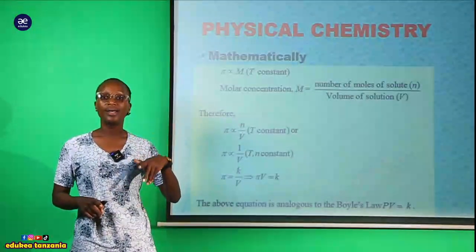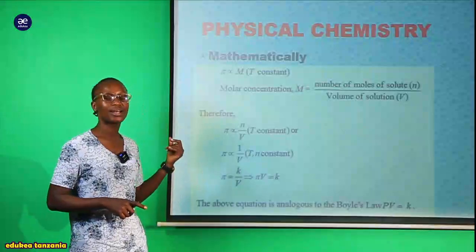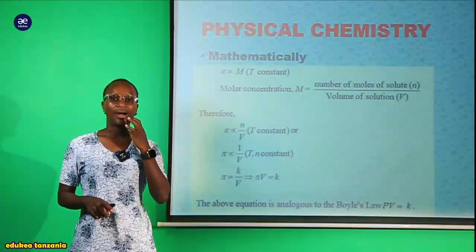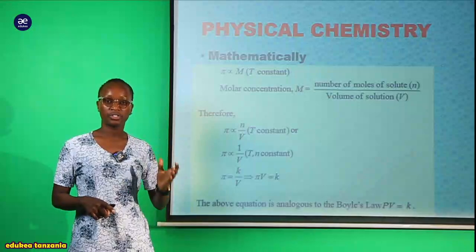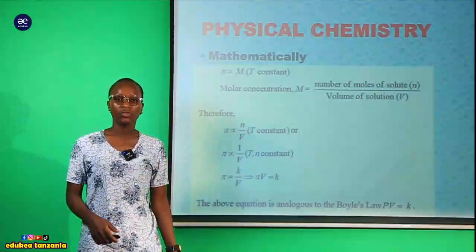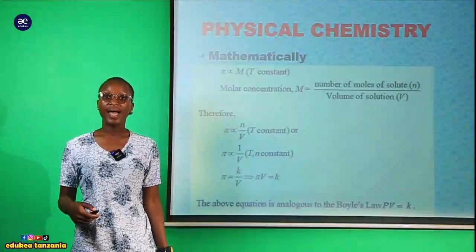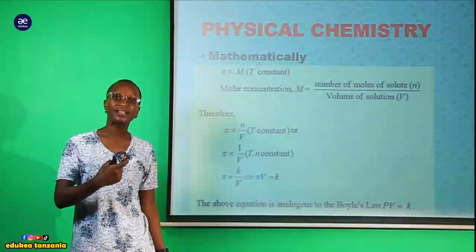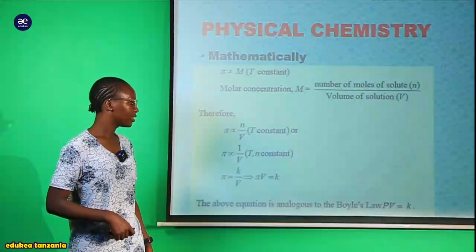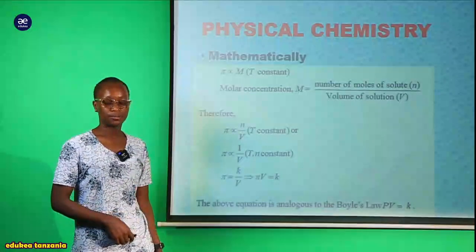Na hiyo ilikuwa ni Boyle's law. So we are able to make the relationship between the Van't Hoff law of osmotic pressure with those gas laws. Kwa hiyo umeona kwamba tumeweza kupata equation ya Boyle's law kwa kuconsider the Van't Hoff law. So that is all about.